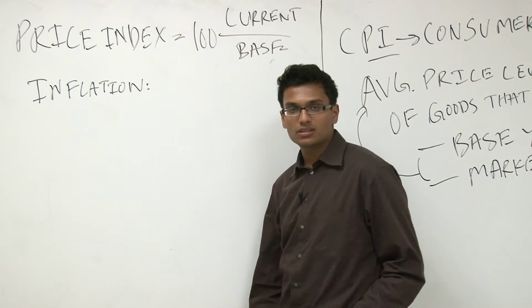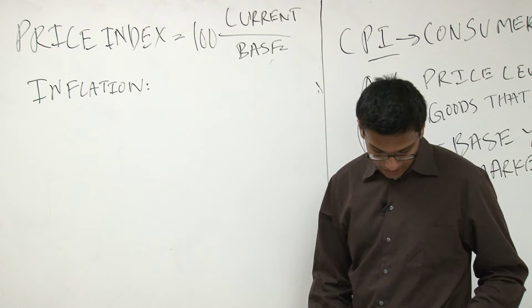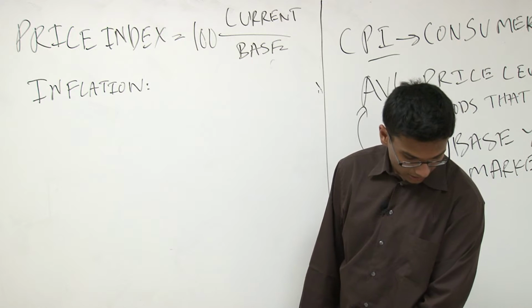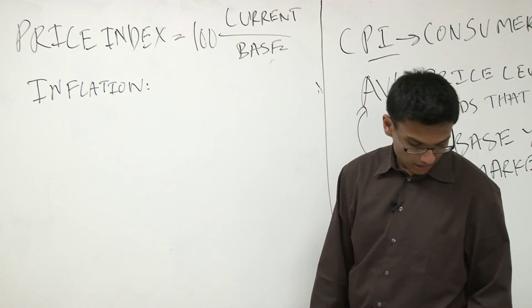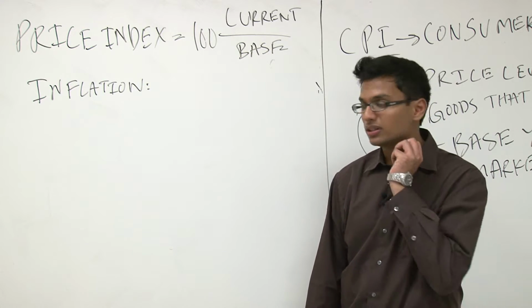I know we've used this term before, but let's technically define inflation. Inflation is defined as the annual rate that the CPI is changing from one year to the other.